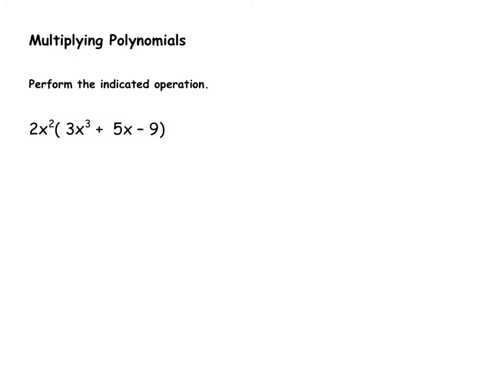Moving on to multiplying polynomials. Multiplying polynomials, we must remember the exponent rule, that when we multiply two numbers that have exponents together, we add the exponents. So we have to make sure we remember to add exponents when we're multiplying.